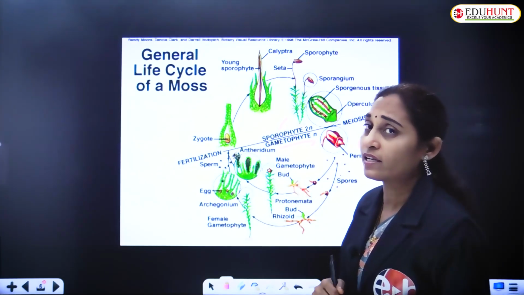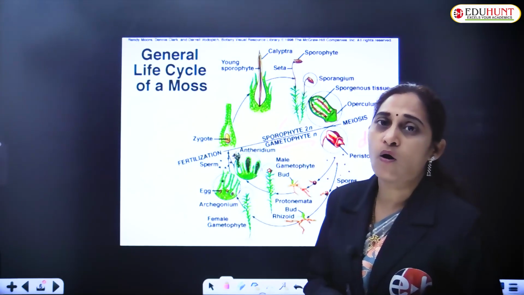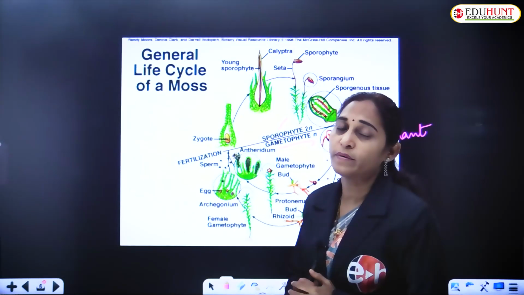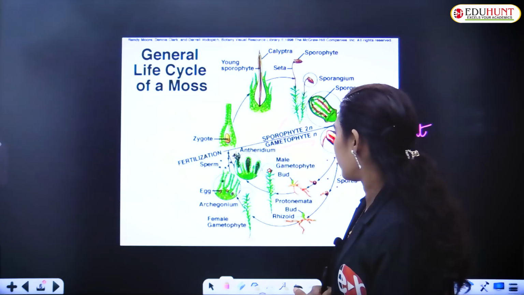That is why the life cycle is said to be haplodiplontic, because the haploid phase is dominant over the sporophytic diploid phase.